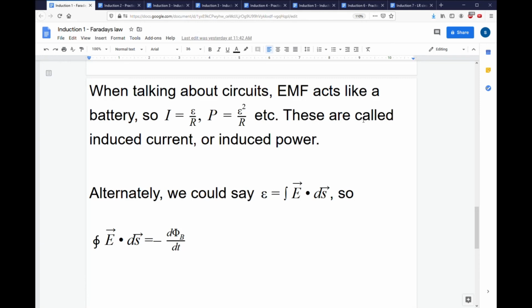But all of our formulas related to voltage in circuits, we can replace with electromotive force. So Ohm's law, V equals IR, becomes the induced current is equal to electromotive force divided by the net resistance. And power depends on electromotive force too. P equals V squared over R becomes P equals EMF squared over R.